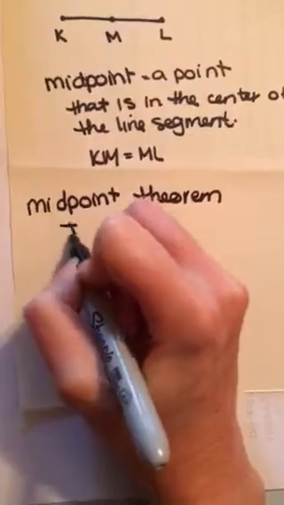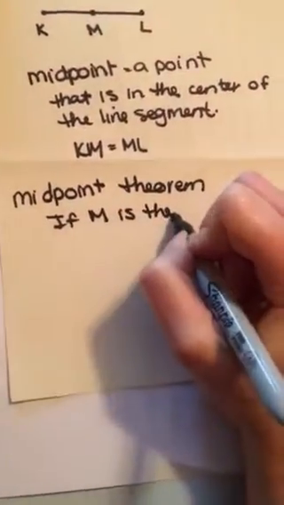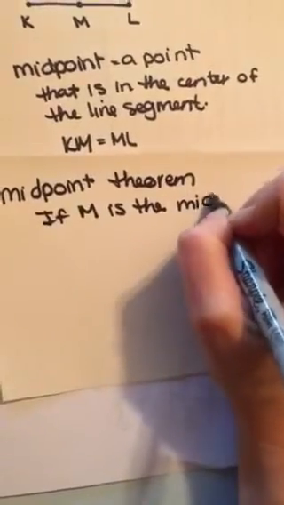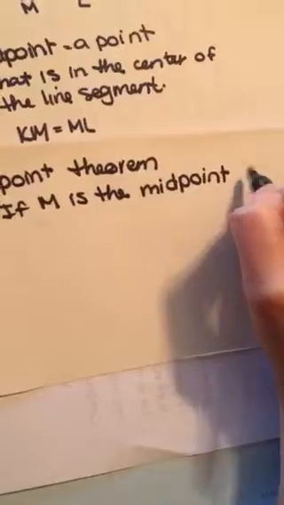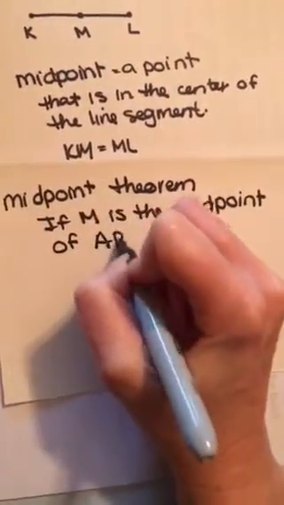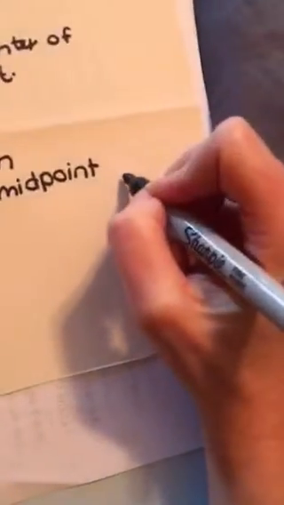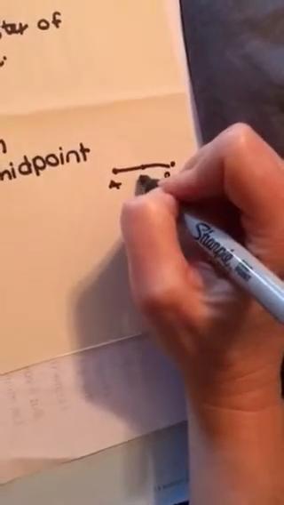It says if M is the midpoint of line segment AB, and I'm just going to draw it over here, so I'm going to have A and B, and I'm going to put M in the middle.